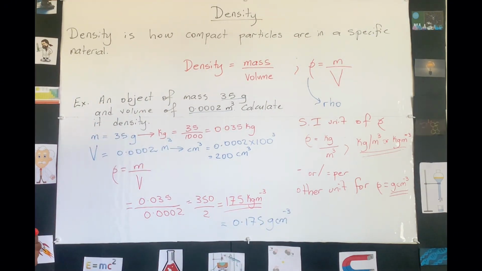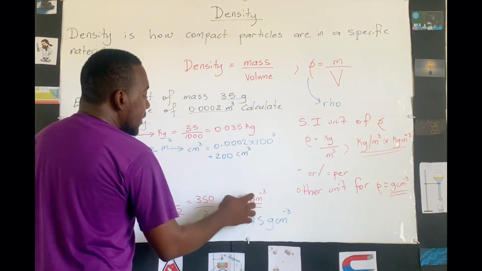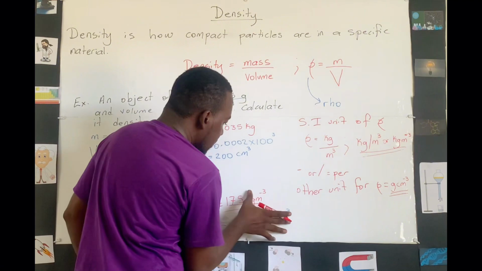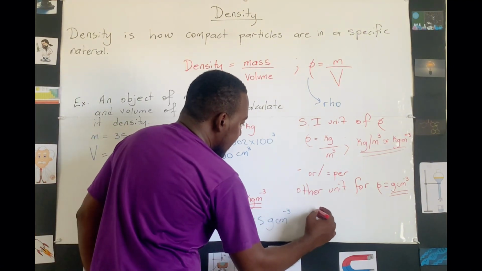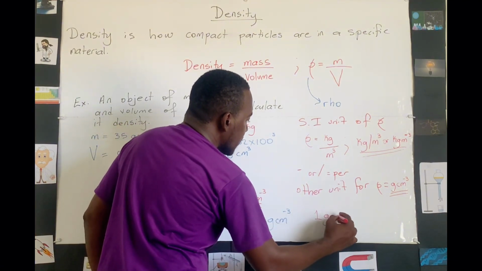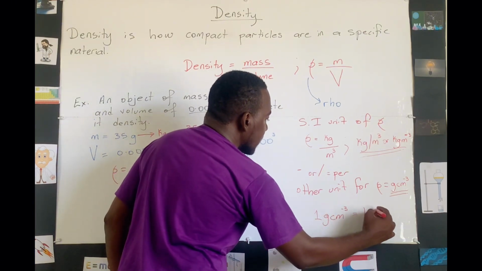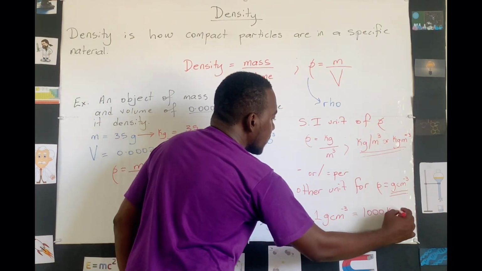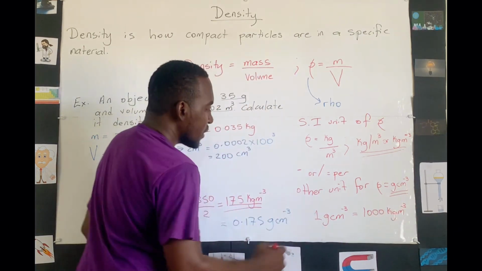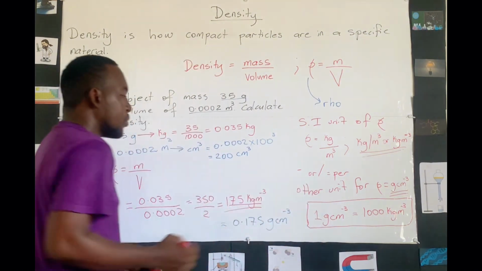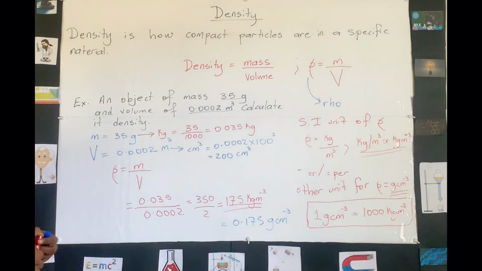And what this shows us, to convert between these two units of density, is that 1 gram per cm cube is equal to 1,000 kilogram per cubic meter. So this is also a relationship that you can use to identify your values.